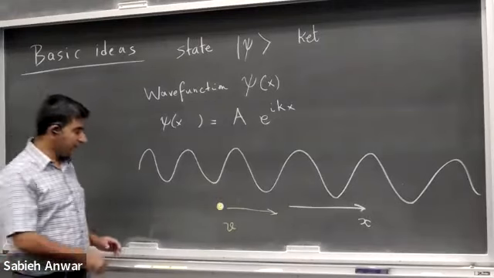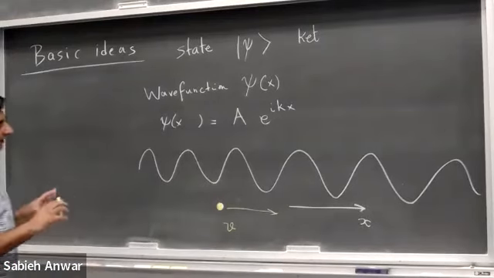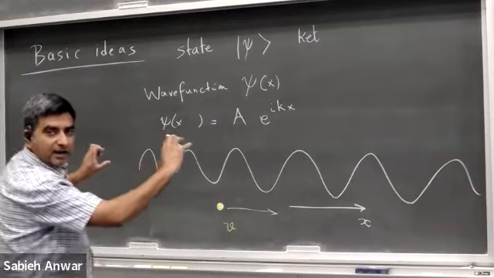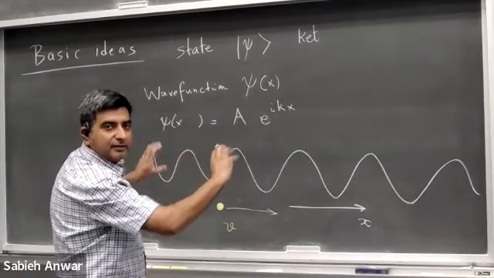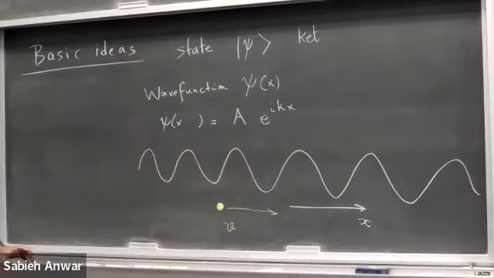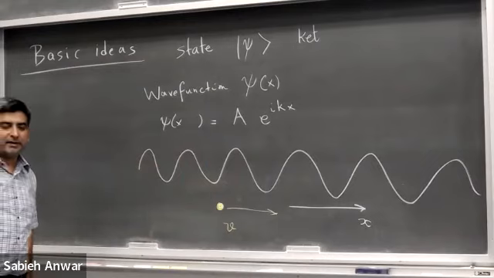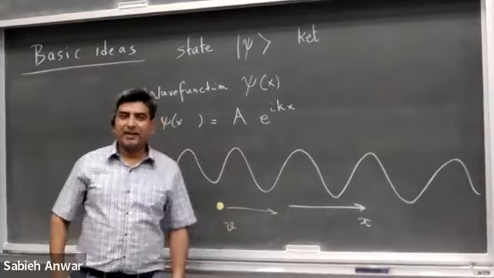Now suppose that you have the electron and you look at this wave, which describes the properties of this particle, and you take a snapshot in time. You take an image of this wave function at some time, and then you retake an image at some later time.